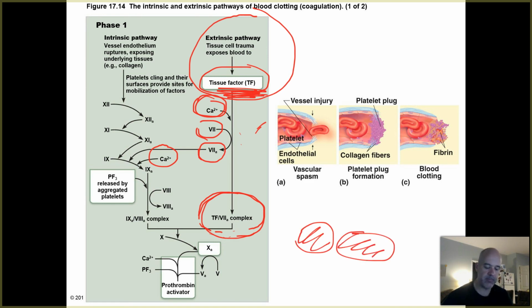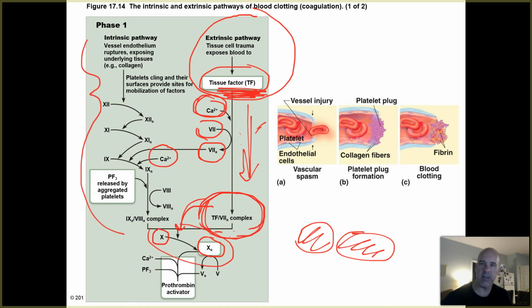They're able to get together. And then that complex is able to take factor 10 and convert it to activated factor 10. So this has accomplished what all of these multiple steps did over on the intrinsic side. It's just that the extrinsic pathway is a little bit less complicated. All right, so you've got these two different pathways that lead to factor 10 becoming activated.